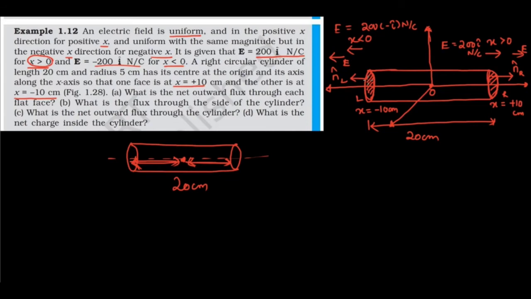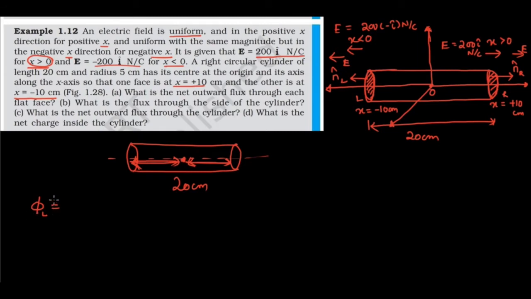So for both the flat faces, the left face and the right face, electric field and area vector are parallel to each other. Is that clear?